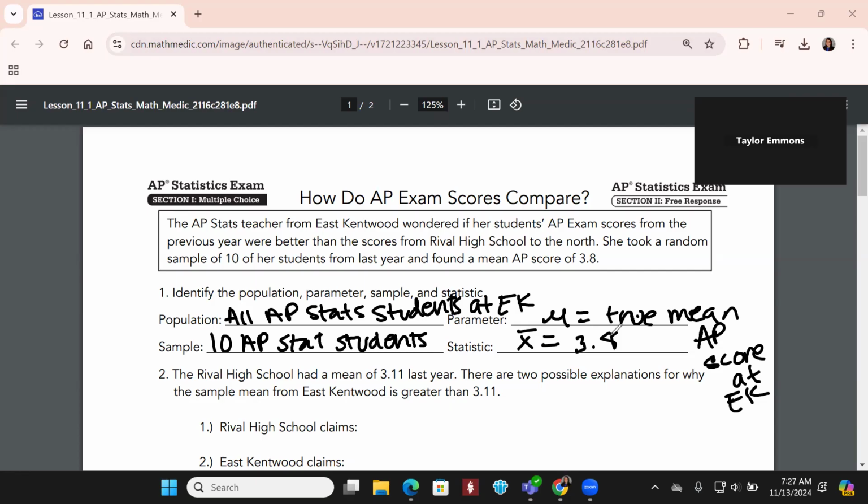Okay. The rival high school had a mean of 3.11 last year. Boo. There are two possible explanations for why the sample mean from East Kentwood is greater than 3.11. They lied. They cheated. So the rival high school claims that East Kentwood's mean AP score is less than 3.11.